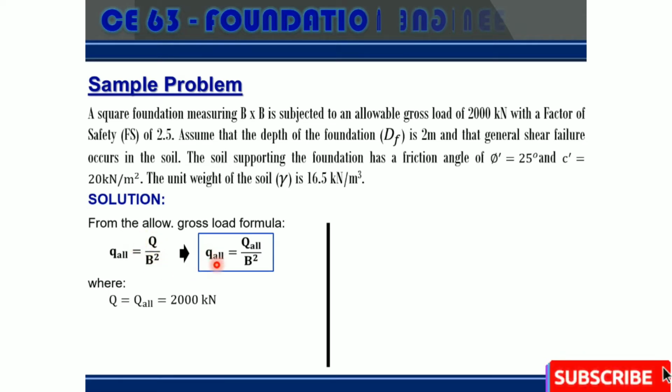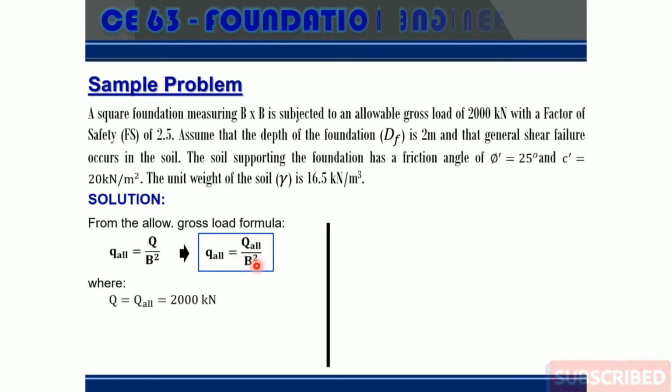Since it involves an allowable value, your small q is a function of capital Q allowable also, over B squared. So I advise, if possible, to adopt this formula for an easy recall of small q allowable as a function of your capital Q allowable over the unit area of the foundation.